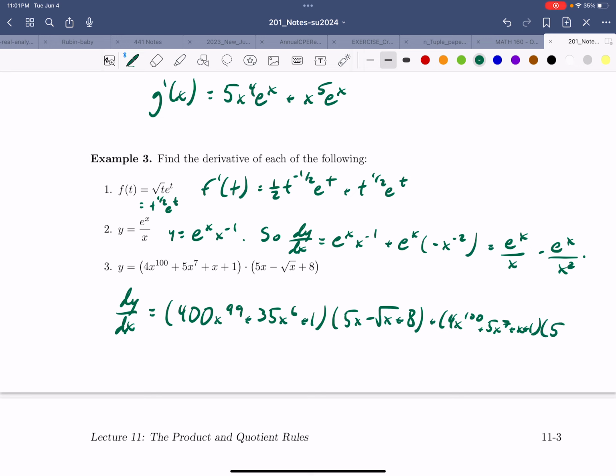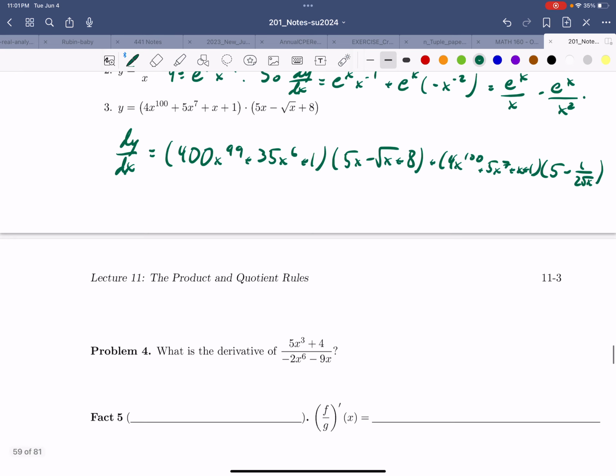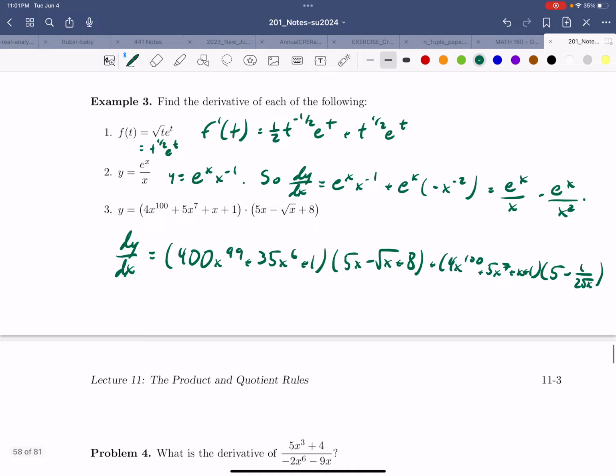So it's going to be 5 minus, and then this will be 1/2 x to the negative 1/2, or 1 over 2 root x, however you want to write it. All right, so that's the quotient, or sorry, that's the product rule.